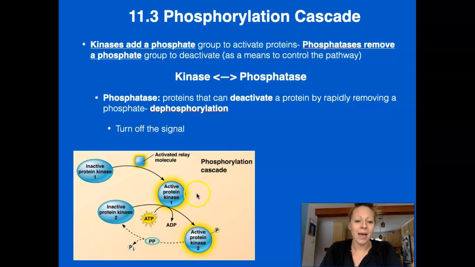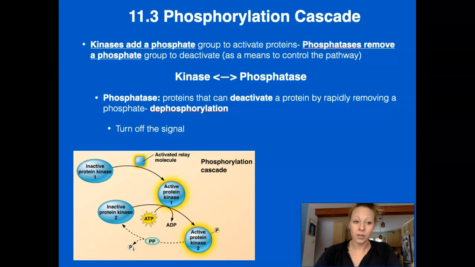So if we were to remove that phosphate group from a kinase, it's going to deactivate it. This is going to turn off the signal. This is going to dephosphorylate, and it's going to stop the message. It's important for us to send messages, but when the message needs to stop, there needs to be a way to stop that message, and that is what the phosphatase does when we are using a phosphorylation cascade.